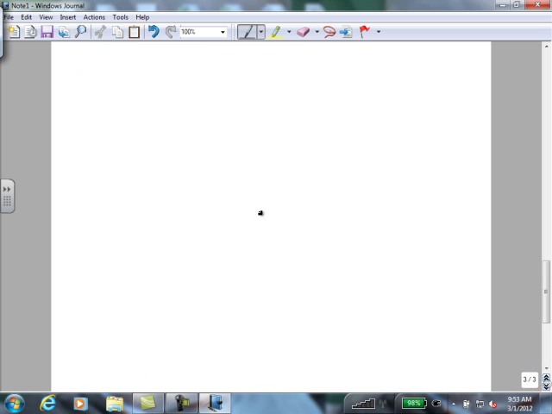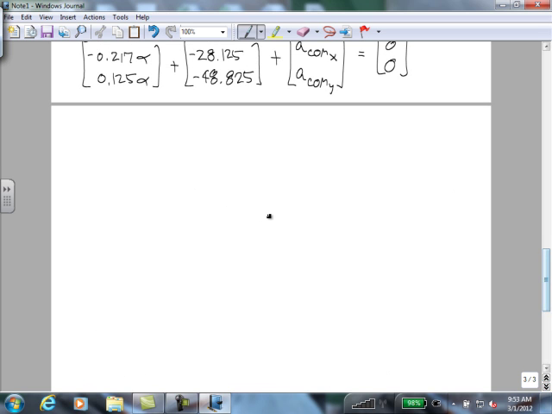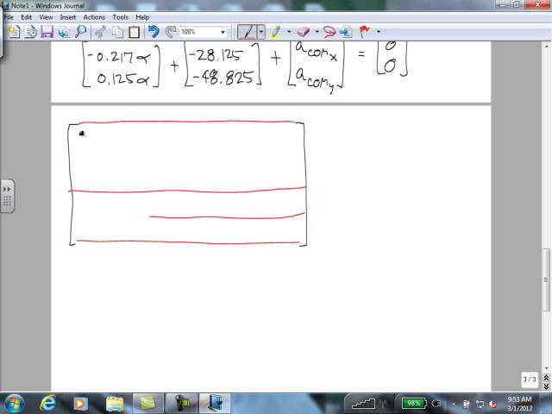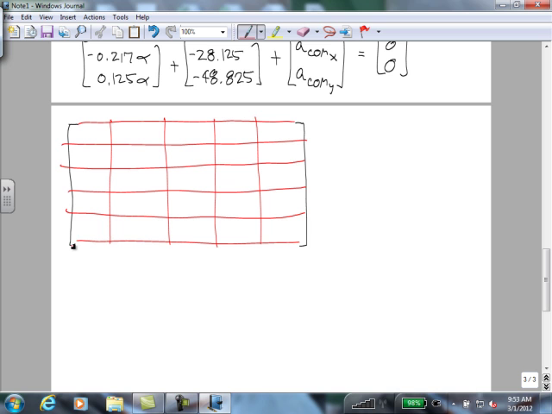If you write this as a matrix equation, if you set it up this way, I'm just going down those 5 equations in order.